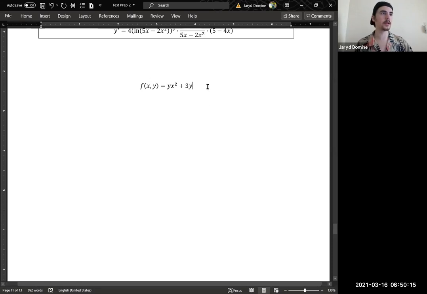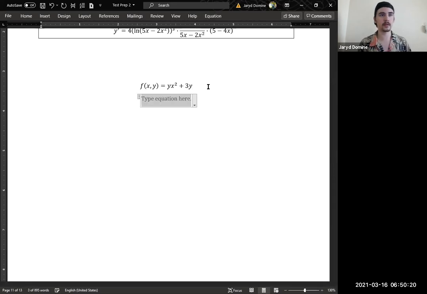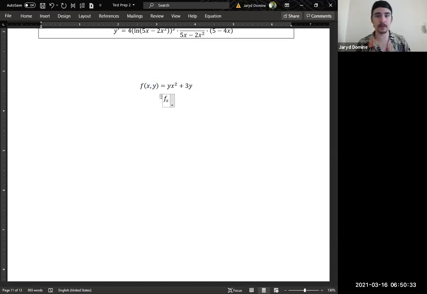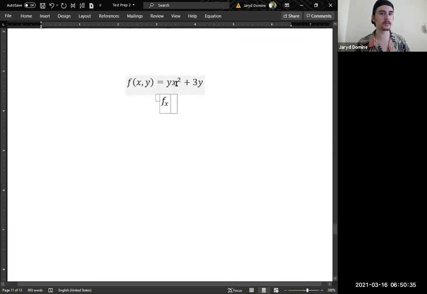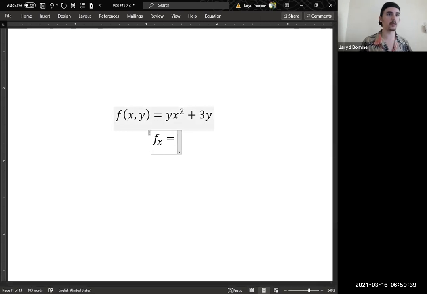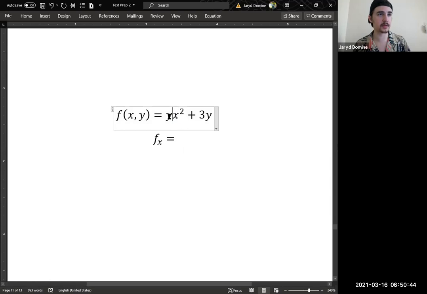Now, in order to take the partial derivatives, we look at each one of these variables individually. We'll take the partial in x and the partial in y. For the partial derivative in x, we just take the normal derivative, except we pretend that y is a constant.